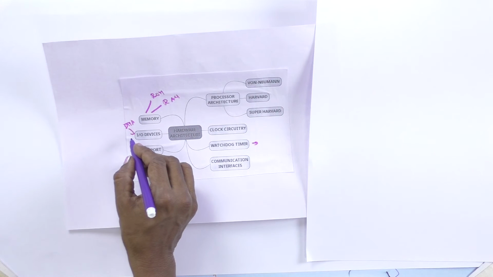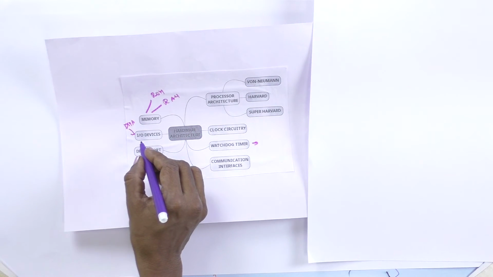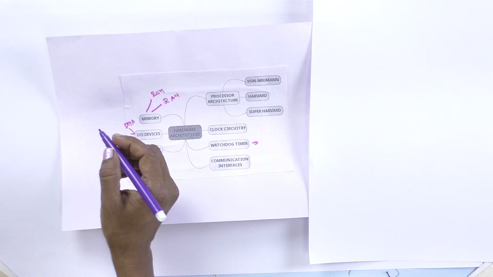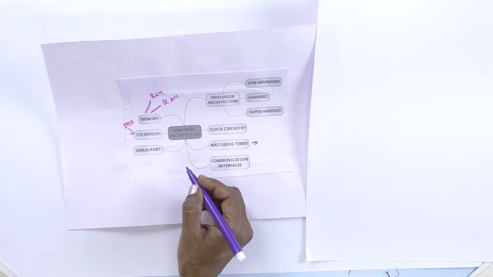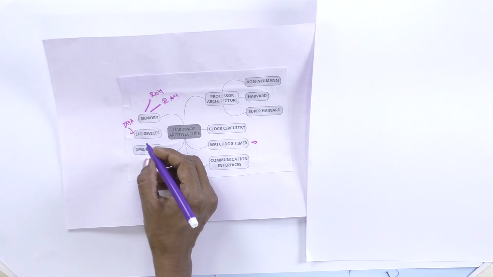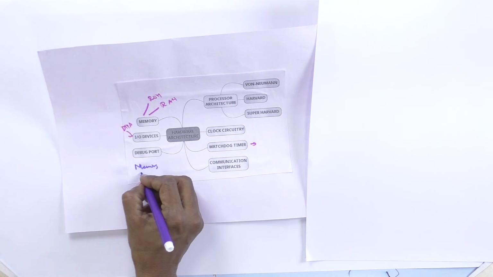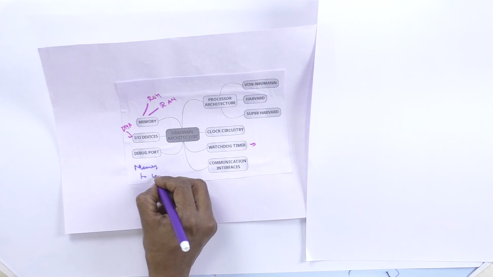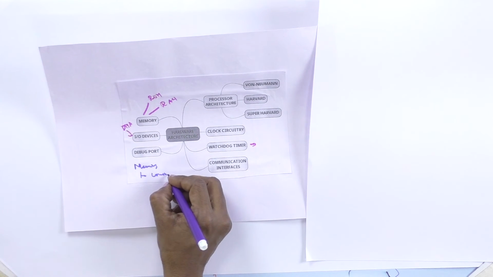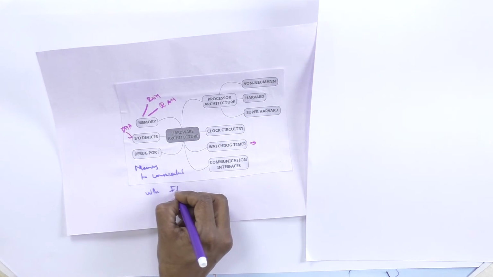When we come to the input and output devices, we have to speak about the DMAs. DMA is called direct memory access, which is used when the memory has to directly communicate with IOs.